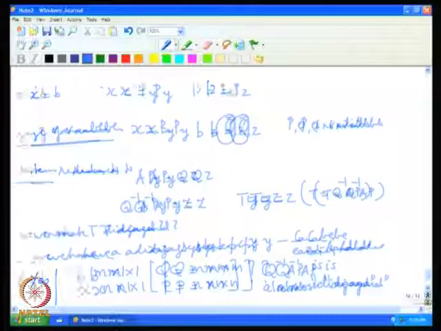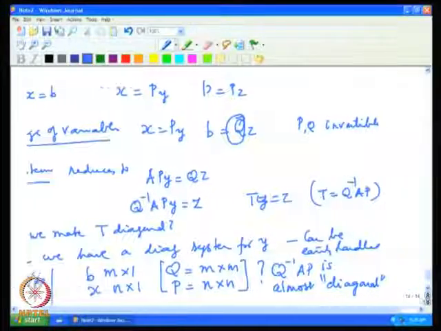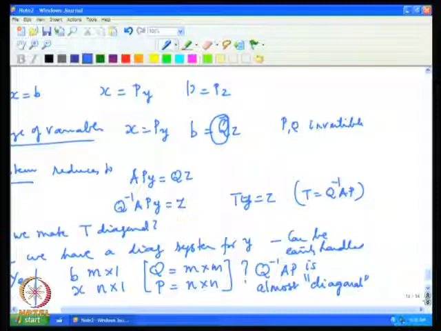So, summing up, we have a system of equations which we can analyze by reducing it to the simplest system, and the simplest systems are the diagonal systems. In the case of square systems, where the number of unknowns is equal to the number of equations, we can reduce the system to a diagonal system by using two different transformations, one for the unknown x and one for the known b.